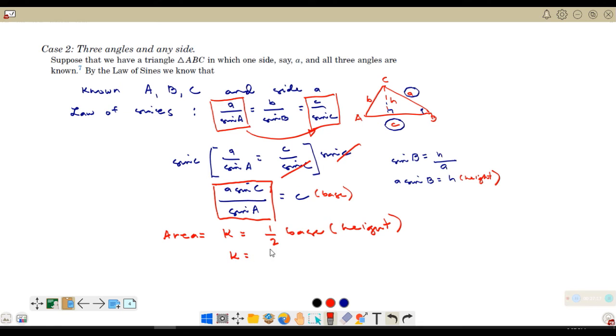So, K is equal to 1/2 A sin C over sin A. And the height is A sin B.